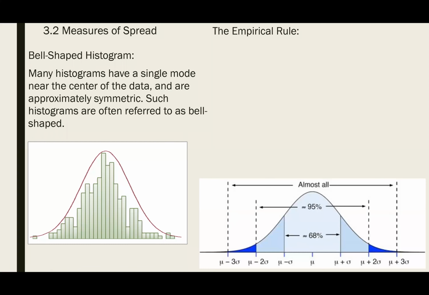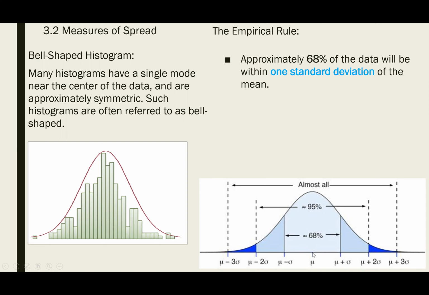The empirical rule, as some of you already saw, just tells you this. If my middle number is the mean, they say within one standard deviation.